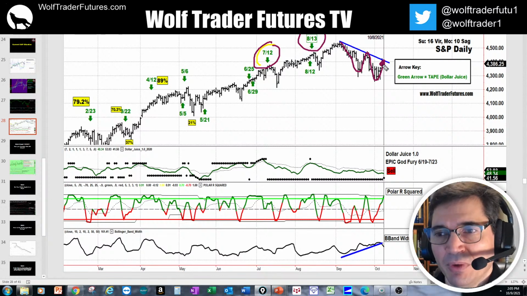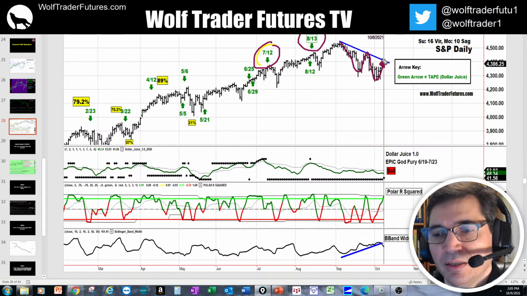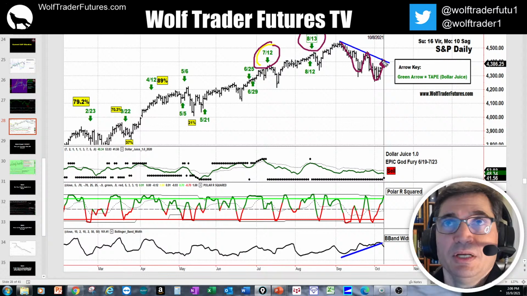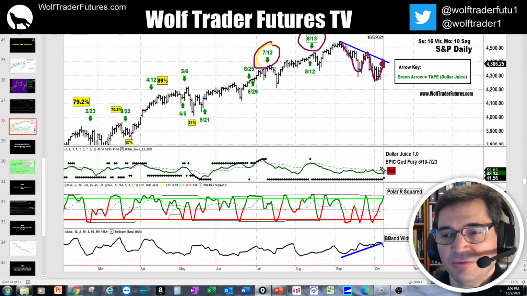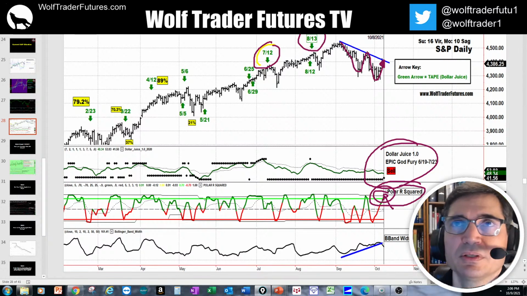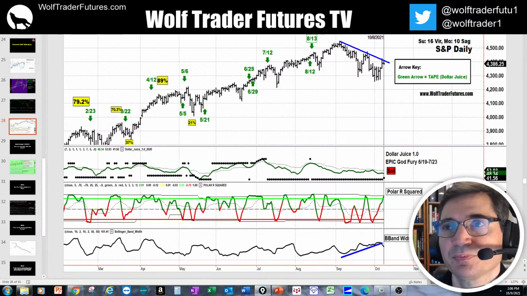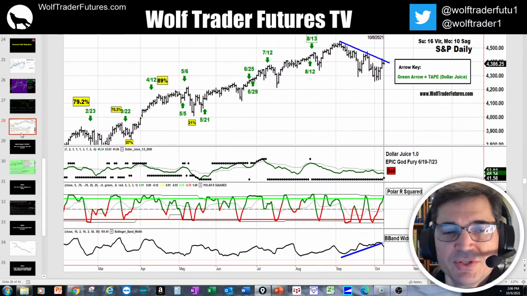They happen a lot in bear markets where the market's trying to come back up and rally. So far, it looks like it stopped there, at least on Friday. Notice the dollar juice is still in a sell. The polar R squared is right up there at the high. You see it's hitting that high up there. So there are still a lot of indications here that the market is having issues. Okay, so that's what's going on right now.